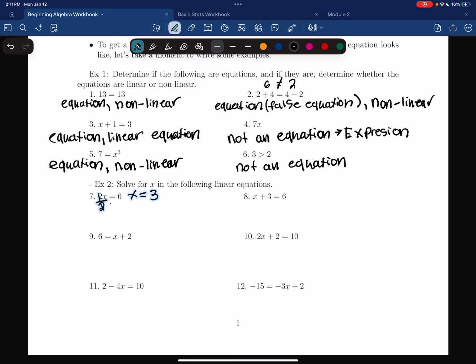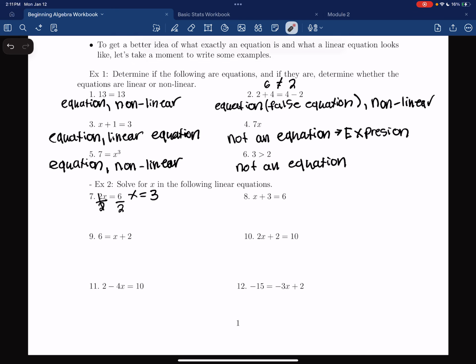However, whatever you do to one side of an equation, you have to do to the other to keep it balanced. Otherwise, you're changing the equation, and it's going to be a false equation like we've seen up here. So you have to make sure what you do to one side, you do to the other.